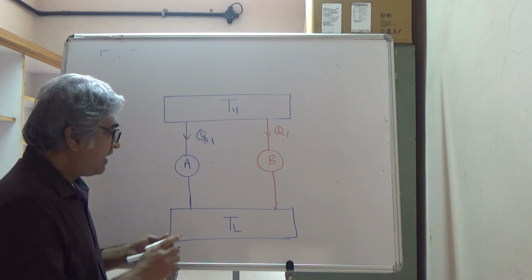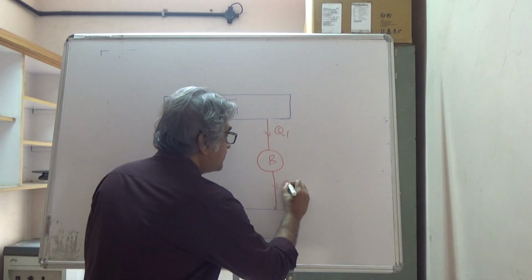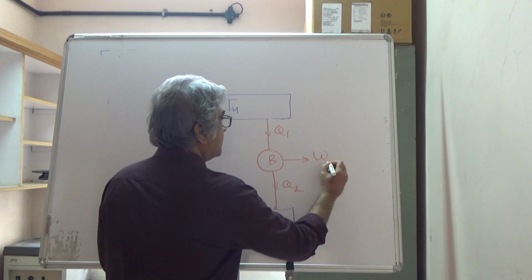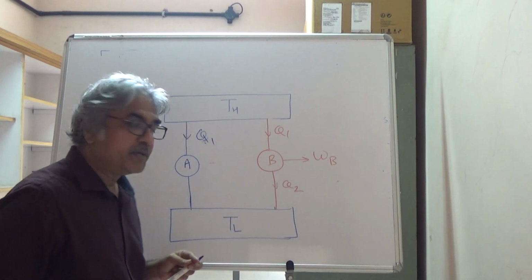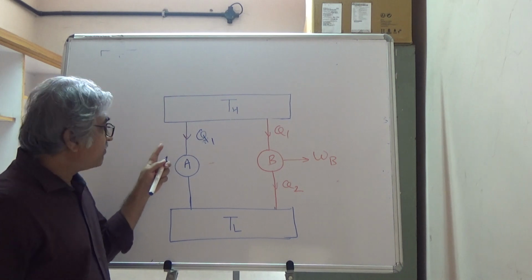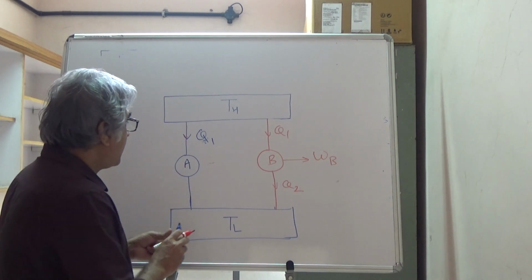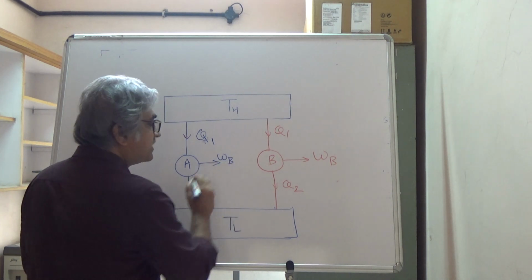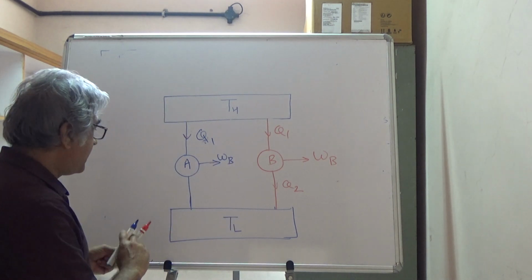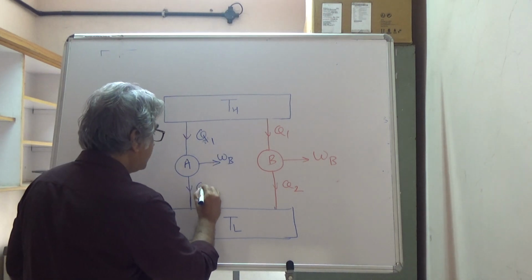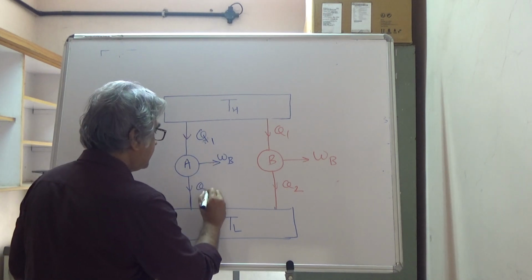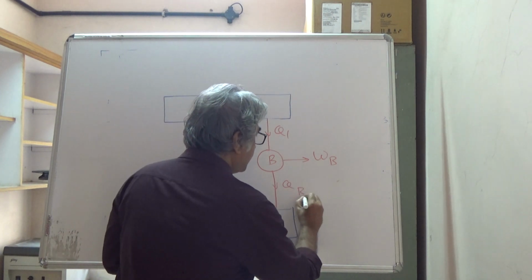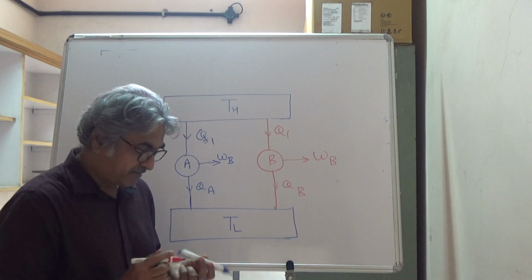So here let's say heat rejection is Q2 and there is some work, I'll call this WB. Here the engine is supplied with Q1. Work output is W, and I'll call this QA and make this QB.